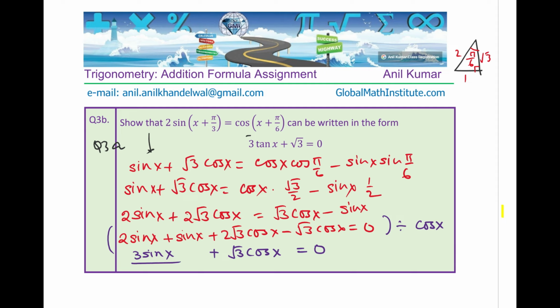So we are now dividing both sides by cos x. And so what do we get? We get a result which is 3 tan x plus square root 3 equals to 0. Does it make sense to you? So we could simplify this and get the result.